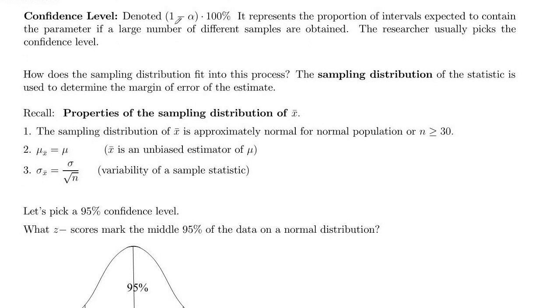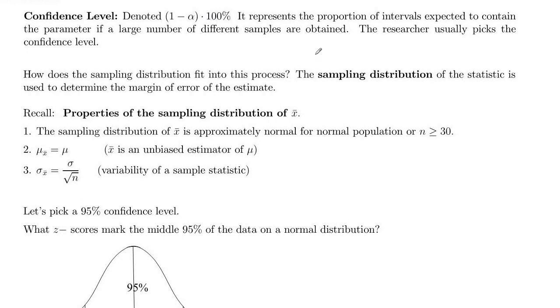Now, the way that they write this is they use the symbol alpha, and 1 minus alpha is a decimal, like 0.90, and then we multiply it by 100, so we would get 90%. So this 1 minus alpha times 100 is just a 2-digit percentage, something between 0% and 100%.